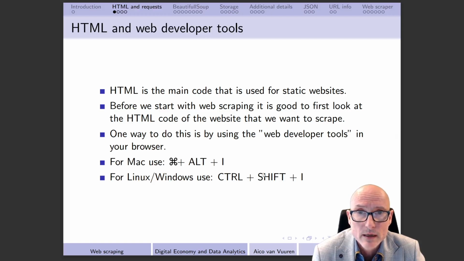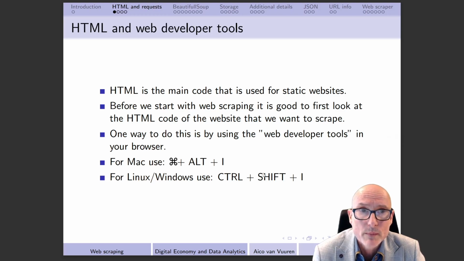That is the only code used in so-called static websites. Apart from static websites, you also have dynamic websites that also have HTML code, but they also have another part, the dynamic part, and that is a script, that is JavaScript.